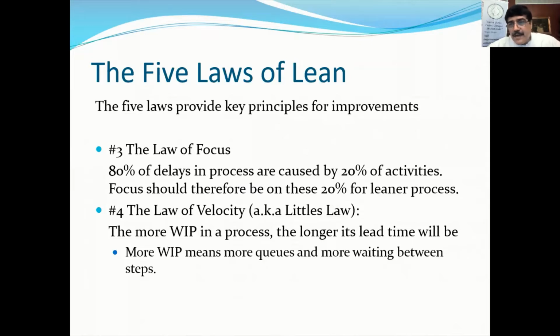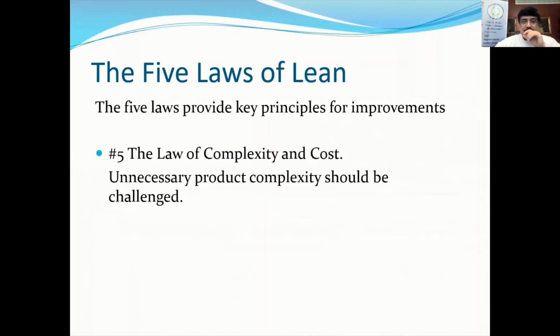Not necessarily, because you don't want a lot of work in the process. WIP means work in progress, or work in process. The more work you have on your table, the lower the efficiency of your process. It is better that whatever you get, you finish. So if your process is like this, that's better.